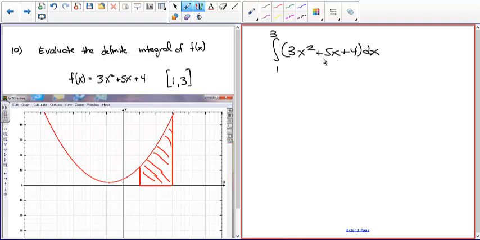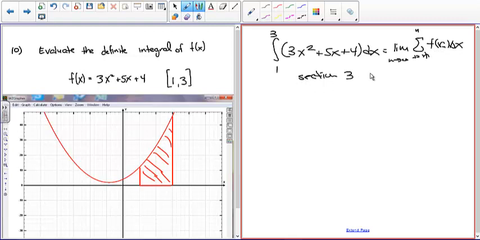We didn't know the fundamental theorem of calculus, so we would have had to use the limit definition: the limit as n goes to infinity of the summation from i equals 1 to n of f of x sub i delta x. That was the definition of what the definite integral was.